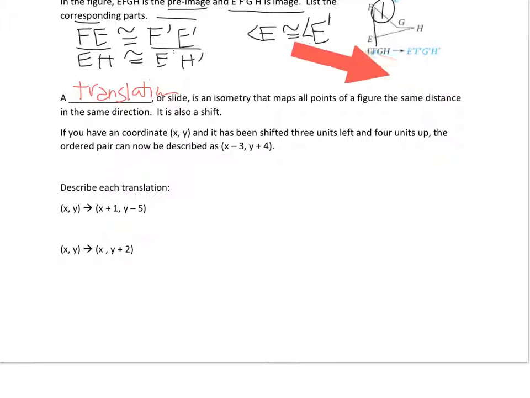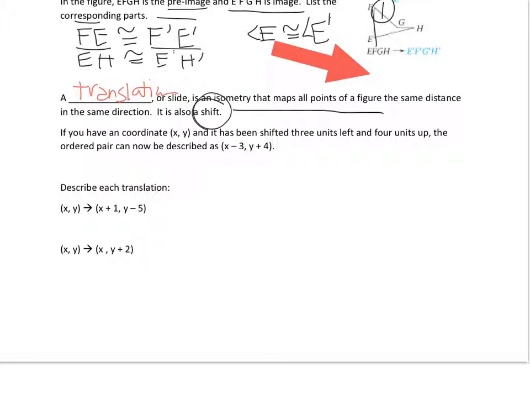This arrow right here is being translated. It's just shifted. A translation, or a slide, is an isometry that maps all figures the same distance in the same direction. It's called a shift. I am literally just shifting this object around.